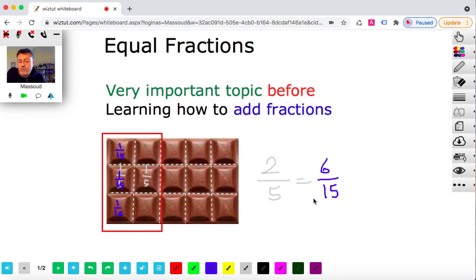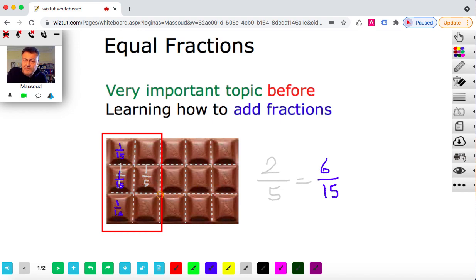It is important, of course, if you use the number line also, to see how they count up to a certain amount. So you can see that after you counted up 3/15, you have in fact arrived at the same amount as 1/5. And then when you carry on counting up to 6/15 on the number line, you will arrive at the same amount where we previously have shown 2/5.